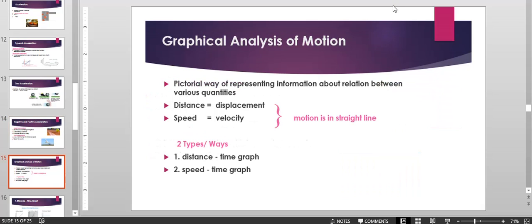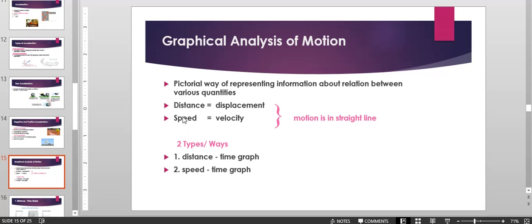Here comes the next topic, that is graphical analysis of motion. It is a pictorial way of representing information about the relation between various quantities. It is more useful and helpful to represent the motion of objects using graphs.